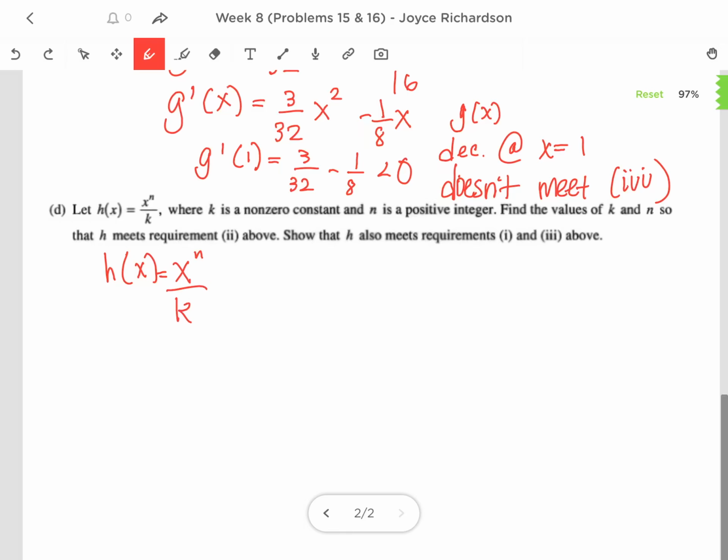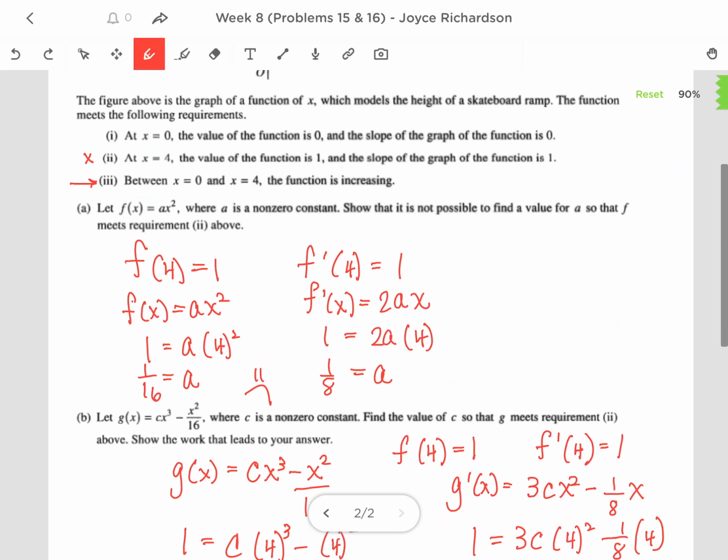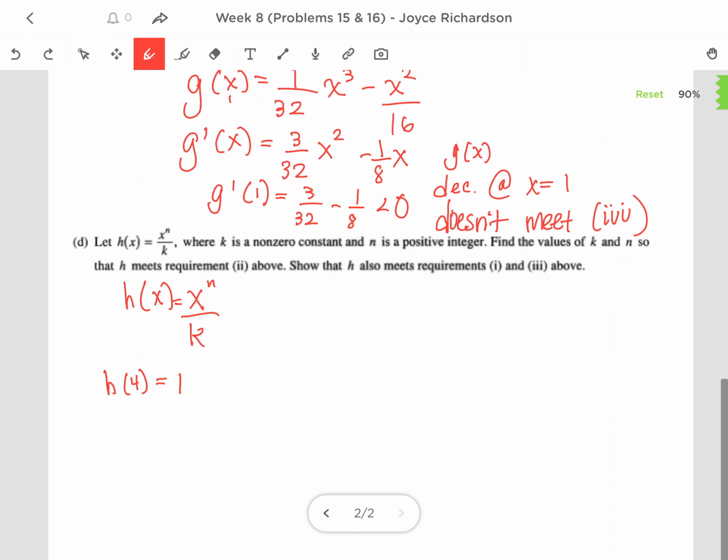Requirement 2 says that h of 4 is equal to 1, and I know that h prime of 4 is also equal to 1. So if I do h of 4, I'm going to get 4 to the n over k is equal to 1. What does that tell me? Well, k equals 4 to the n.